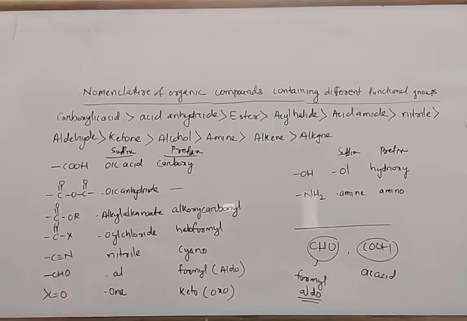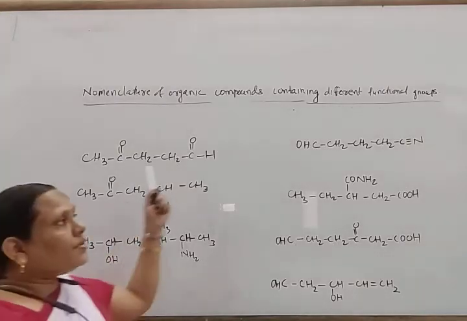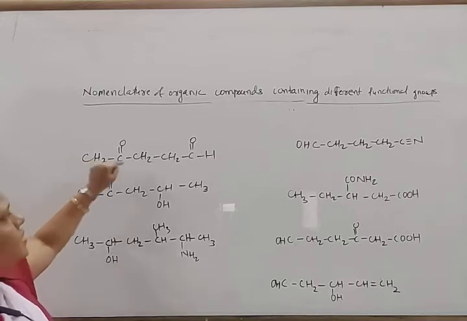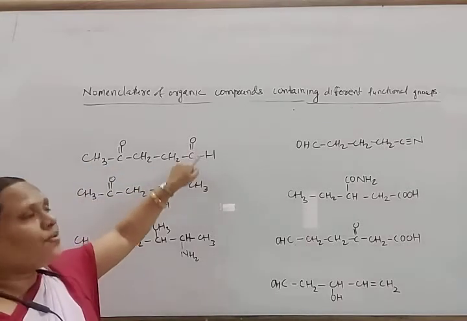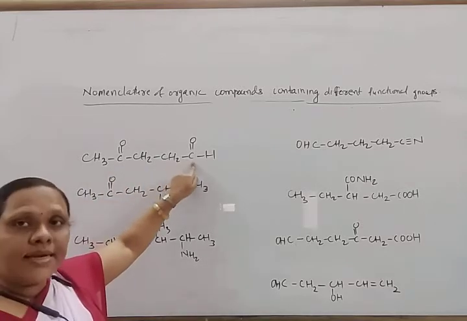So first note this down, then here we are going to discuss some examples. Look at how to write the IUPAC name of these compounds. CH3COCH2CH2CHO. There are two functional groups: one is the keto group and another is the aldehyde group.